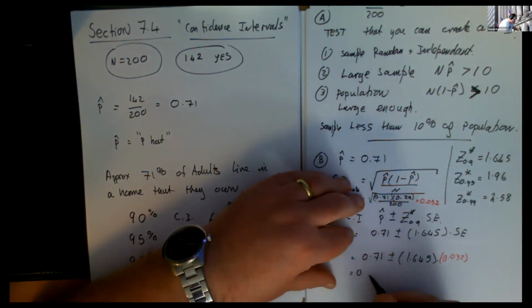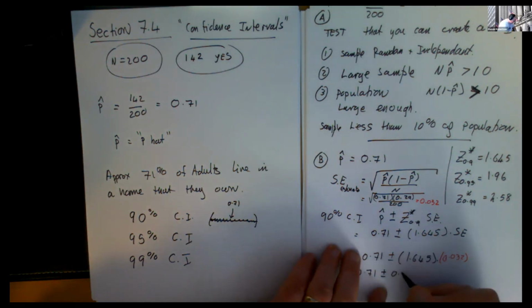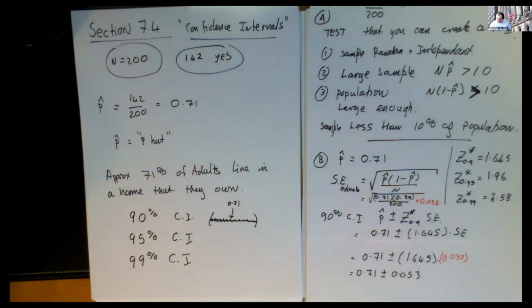It's 0.71 plus or minus. I'll use just my normal calculator right now. I'm typing in 1.645 times 0.032, and I get 0.053. So far, so good?